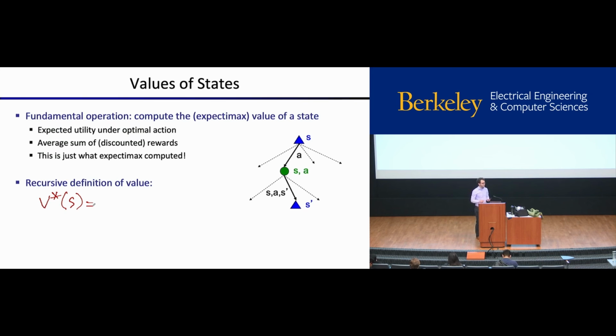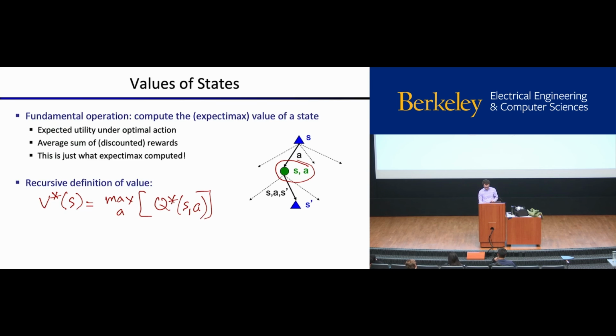So if I'm looking at these actions, I want to take the maximum over the actions of something. And what is that something? It's the expected utility of the next node. Well, the expected utility of that next node, we have an expression for that. We don't know what it is, but it's Q star of S, A.